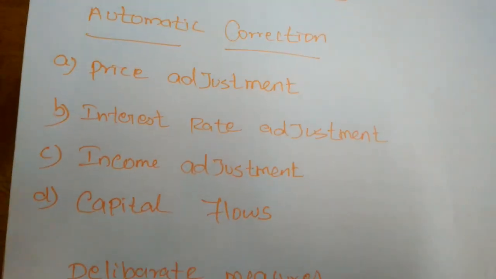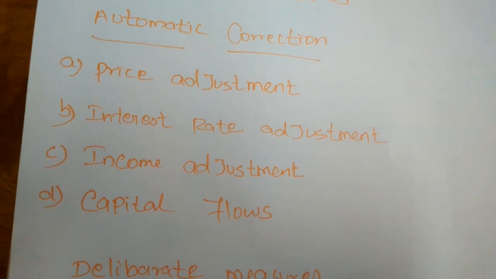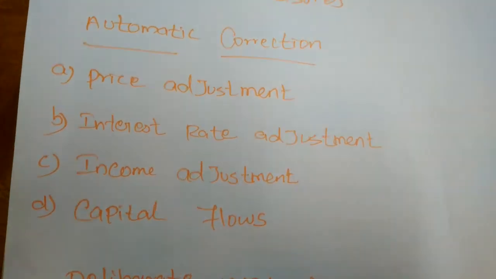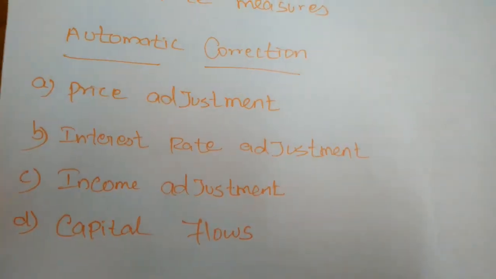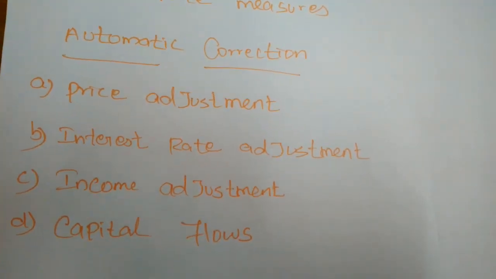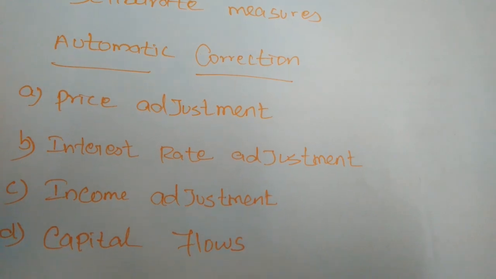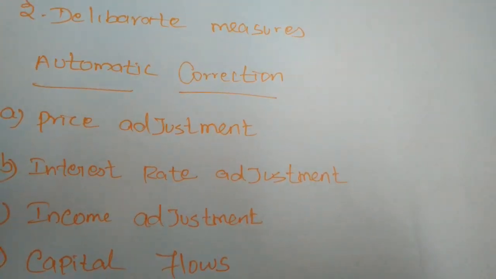Under the price adjustment, as a result of foreign exchange outflow from a deficit country to a surplus country, there will be a fall in the money supply in the deficit country and an increase in the money supply in the surplus country.